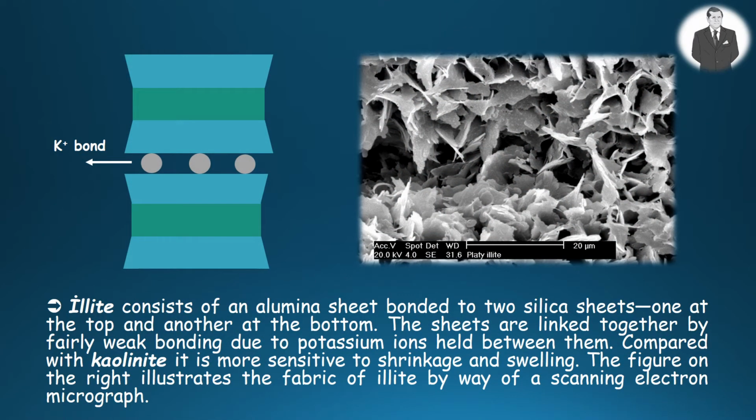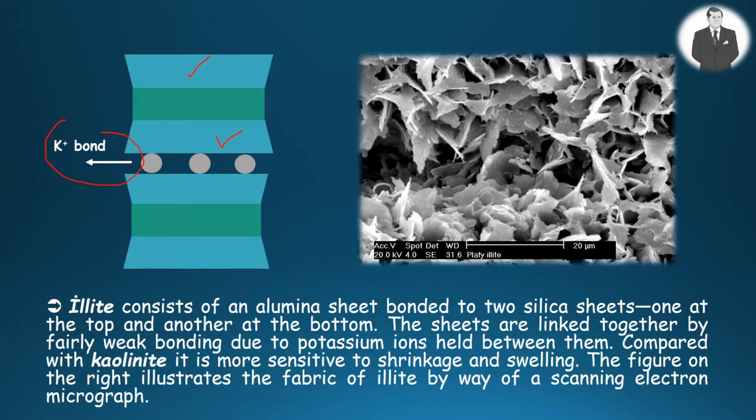Illite is made up of an alumina sheet bonded to two silica sheets, as shown in the figure, one at the top and another at the bottom, and the sheets are combined together by fairly weak bonding due to potassium ions.